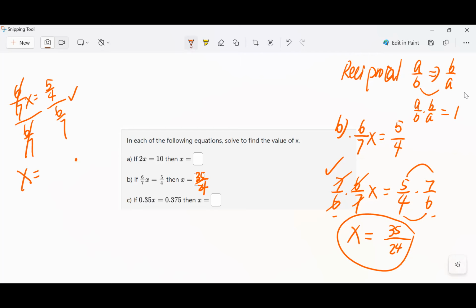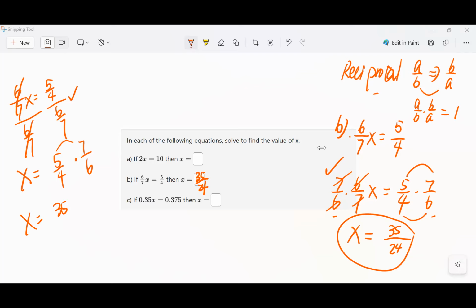So bring over 5 over 4, and on the denominator you flip the top and bottom. So again, we are using the reciprocal, 7 over 6. But it looks a little more complicated compared to multiplying by the reciprocal, because that is more straightforward. Yeah, I remember now. Thank you. Okay, no problem.